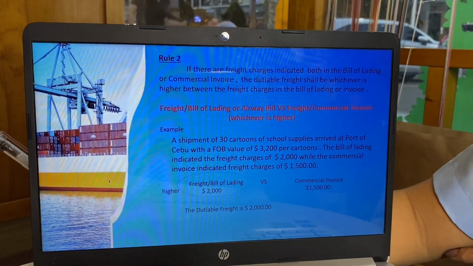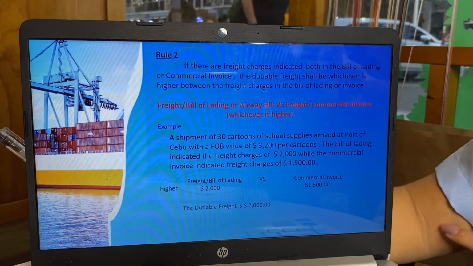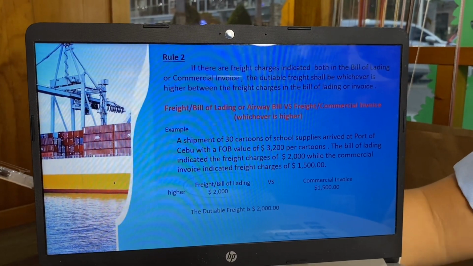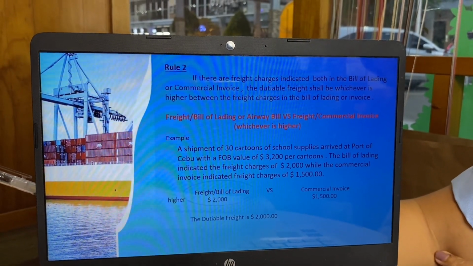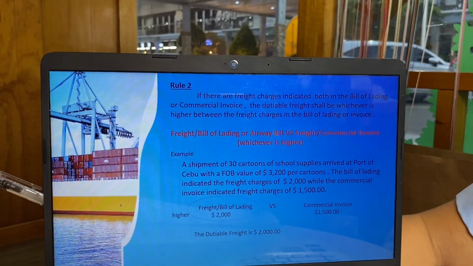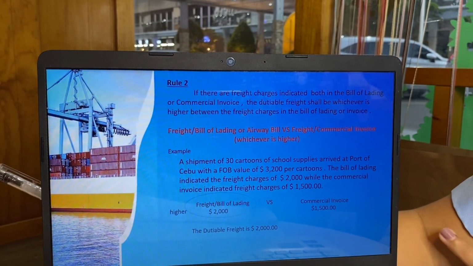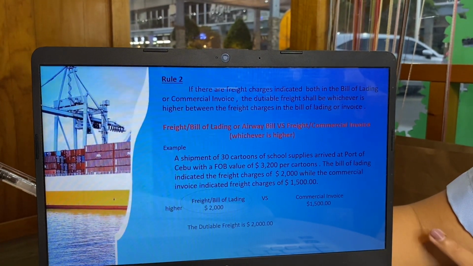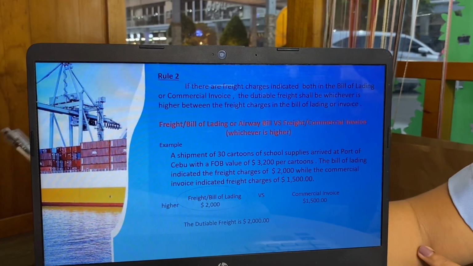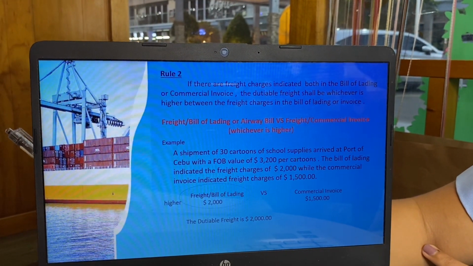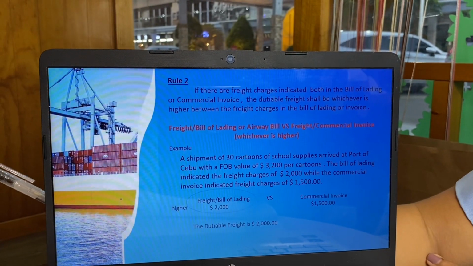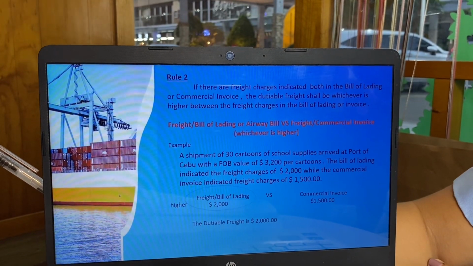So here in our example, we have a shipment of 30 cartons of school supplies arrived at Port of Cebu with a FOB value of 3,200 per carton. The bill of lading indicated freight charges of 2,000, while the commercial invoice indicated freight charges of 1,500. So in this situation, we are given freight charges under the bill of lading, which is 2,000, and the commercial invoice, 1,500.